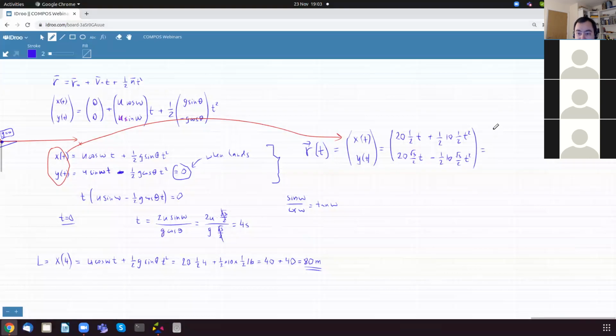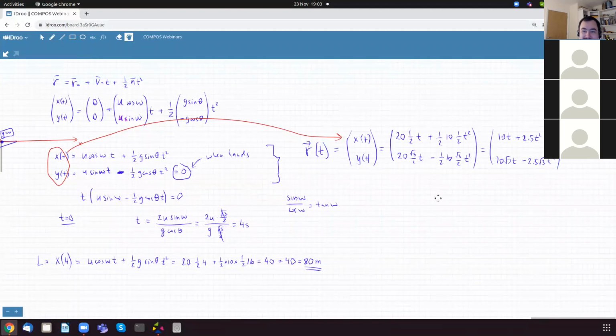We simplify that. So 10t plus 2.5 t squared. And here we get 10 root 3 t minus, simplifying, 2.5 root 3 t squared.